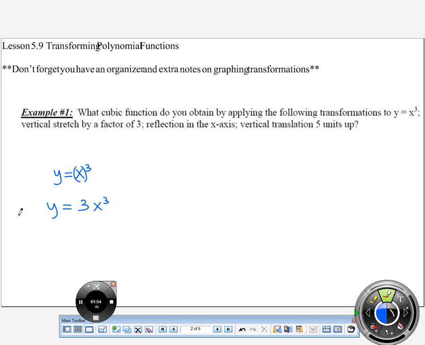I know that this is not part of what's being cubed because it doesn't have a power of 3 on it. It's not included in what's being raised to a power of 3. Okay. What would happen in order for me to reflect over the x-axis? So for reflections, what shows up in your equation that lets you know there's a reflection happening? Good, a negative.